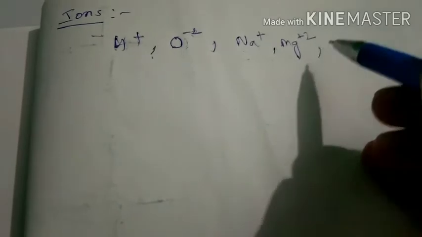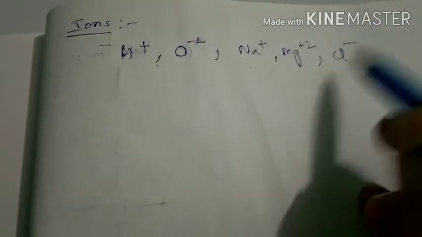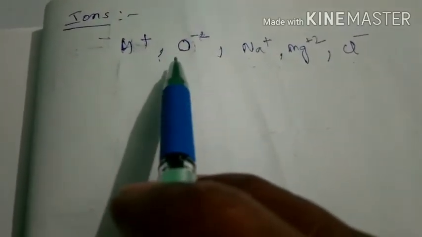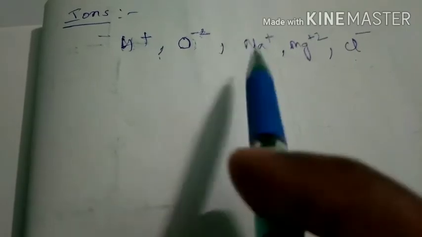That is also called an ion. Mg plus 2, this is also called an ion. Next, Cl minus, this is also called an ion. So ion means the particles which exhibit charge are called ions.